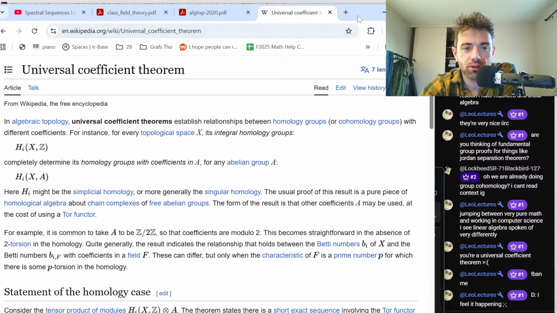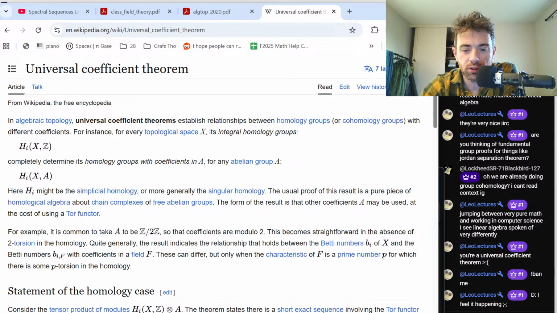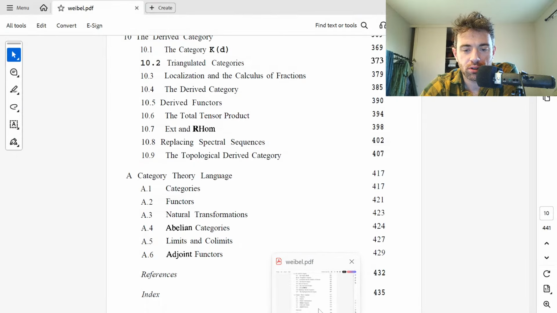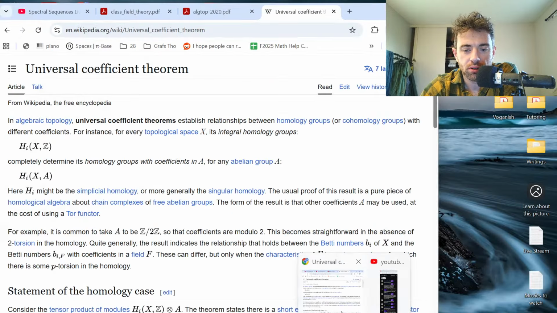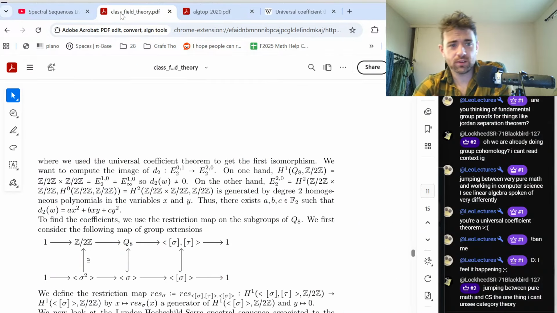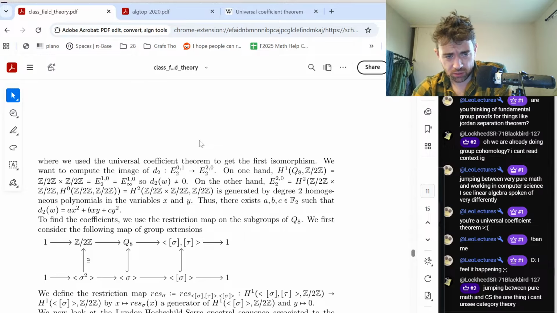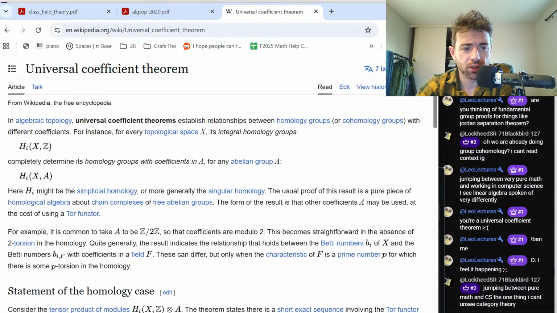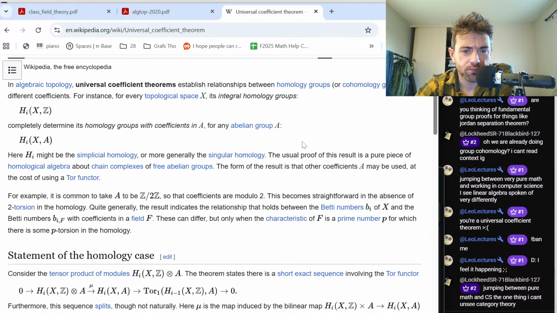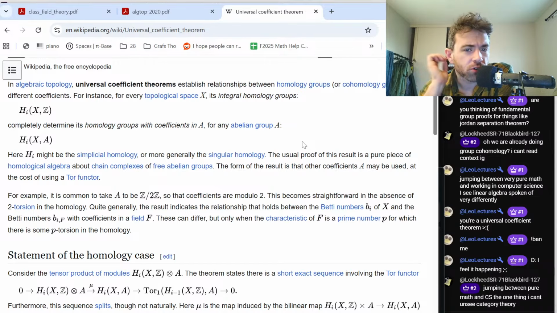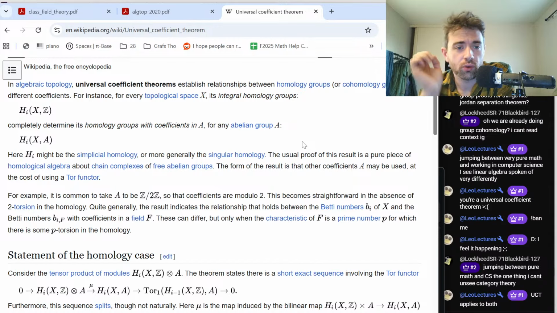Universal coefficient theorem establishes... Wait, are we doing homology or cohomology? What's going on here? Are we doing homology or cohomology? No, we're doing cohomology. There should be a version of both. It establishes a relationship between homology groups with different coefficients.